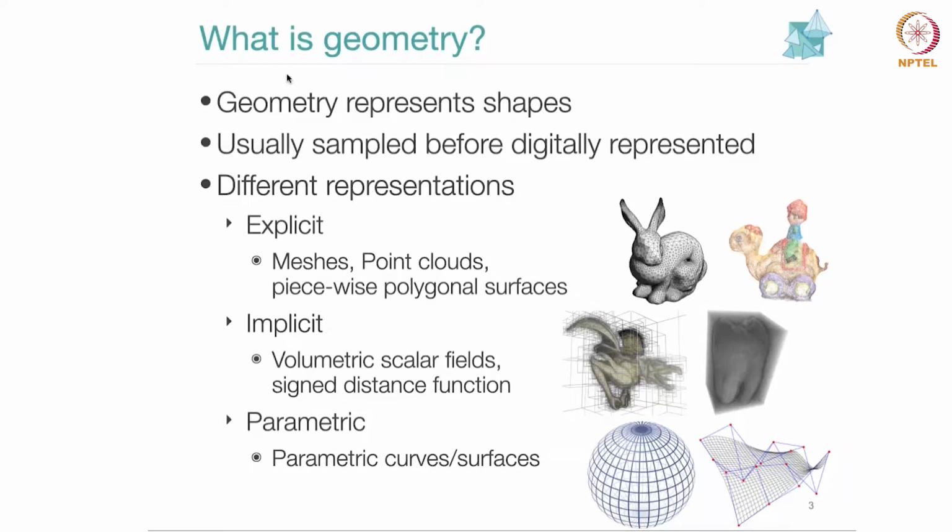It's yet another very powerful way to represent surfaces. And the nice thing about parametric representation is that it can give you a very smooth representation, right? So these are the three primary representations, classification of representations.